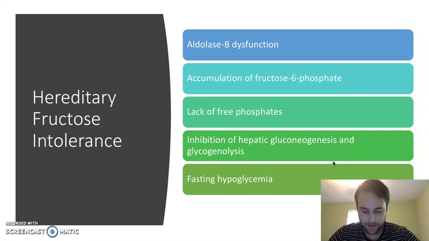This explains Annie's fasting hypoglycemia. Under normal conditions, the addition of epinephrine would enhance hepatic glycogenolysis, but in this case, the activity has been inhibited by the lack of free phosphates in Annie's liver.